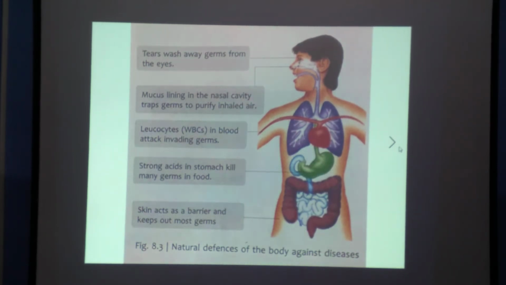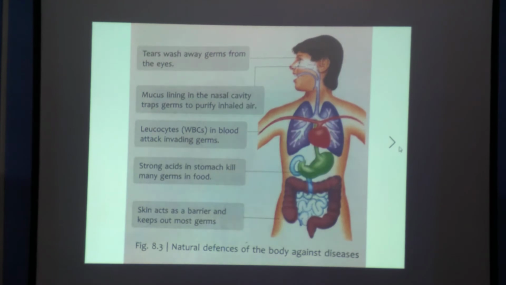So the mucus lining in the nasal cavity traps all the germs to purify inhaled air. So the mucus in the nasal cavity will trap all the germs that might cause diseases which are there in the air, so that they don't get inside our body.